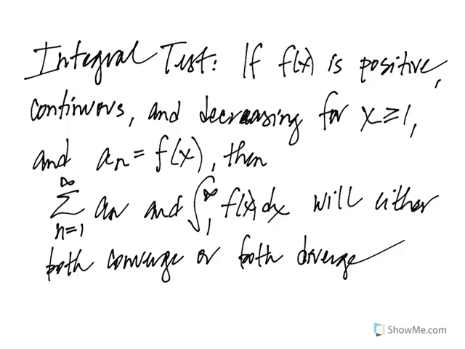So again, if the area is divergent, then the sum of the areas of the rectangles with width of 1 will also diverge. Likewise, if the area converges, then the sum of the area of the rectangles will converge as well.